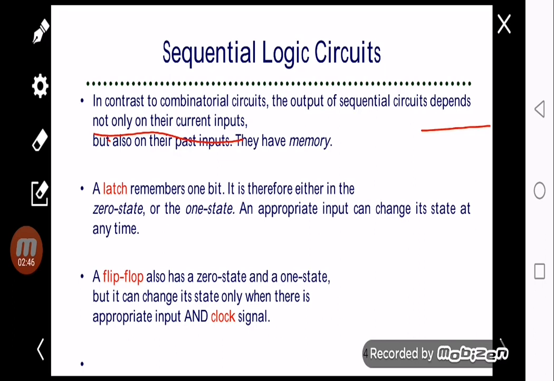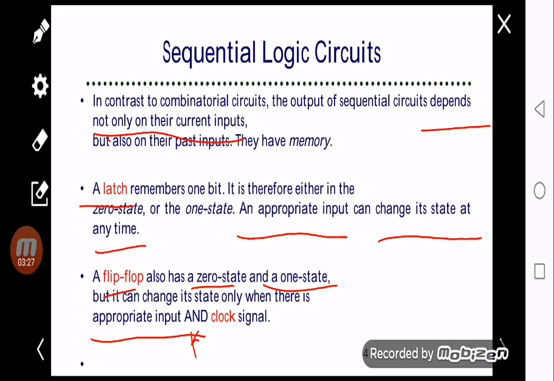We have 2 types of sequential logic circuit: latch and flip-flop. A latch remembers 1 bit, either the 0 state or the 1 state, and the appropriate input can change its state at any time, whenever the input is changed. A flip-flop also has a 0 state and a 1 state, but it can change its state only when there is an appropriate input and a clock signal.